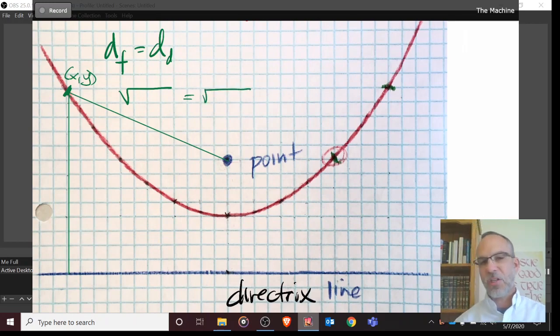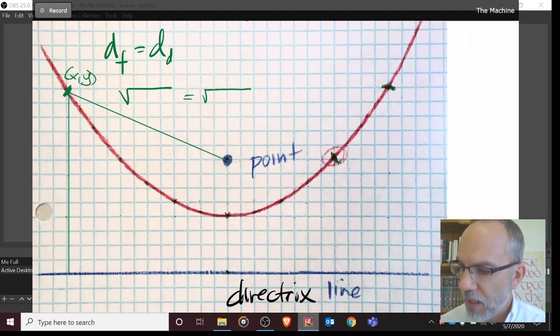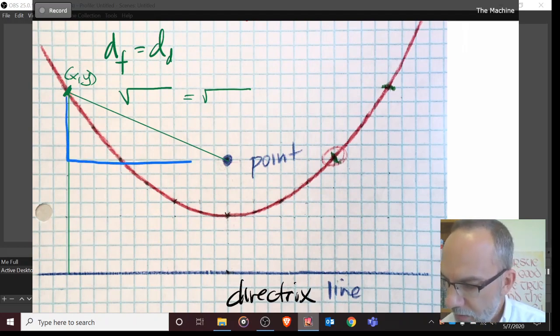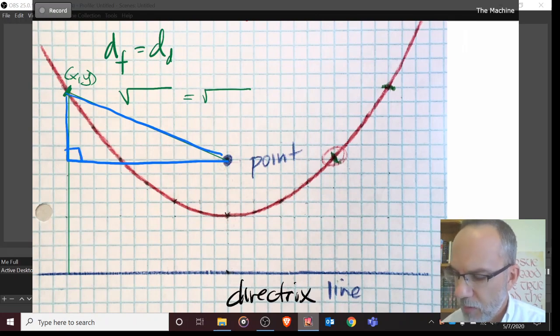And that math can actually get pretty complicated. In addition to that, I've also got a right triangle going on right here in blue. So I'm also going to have to do the Pythagorean theorem, where this is C and maybe this is an A and this is a B. I have to say that C squared is equal to A squared plus B squared.